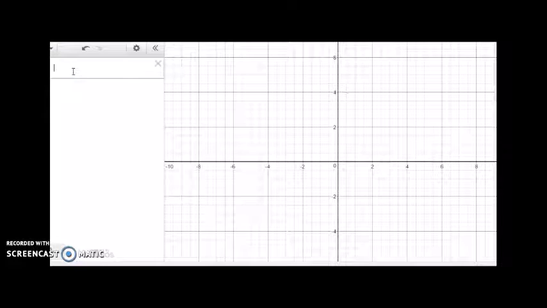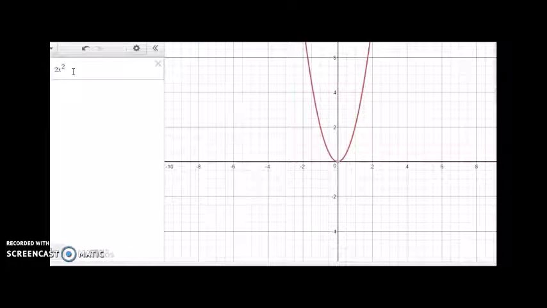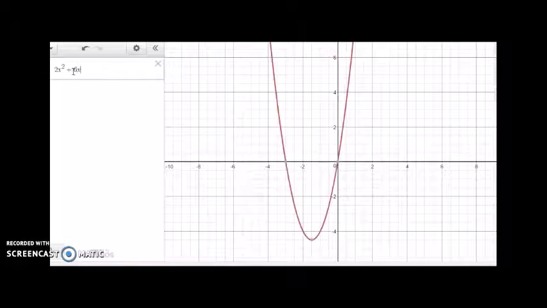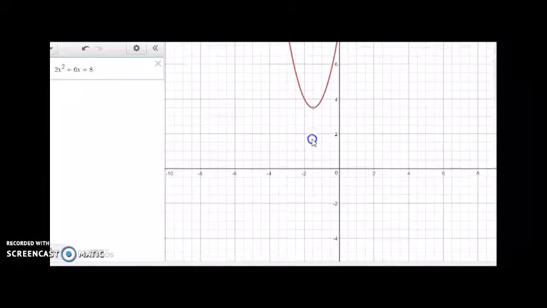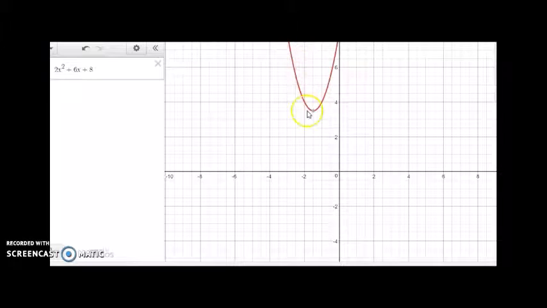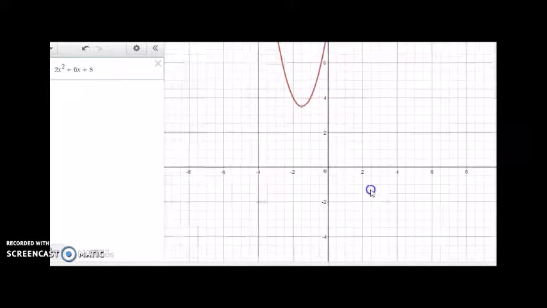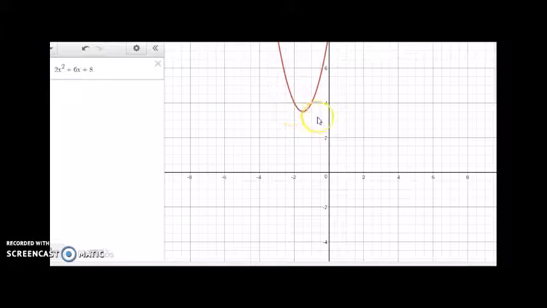We can just type in our equation. So 2 is a, so then it'll be 2x squared, and then b is 6, so 6x, and then plus 8. We can just put that in here, and we can see, oh my, this equation doesn't ever cross the x-axis. So it doesn't have any real solutions.